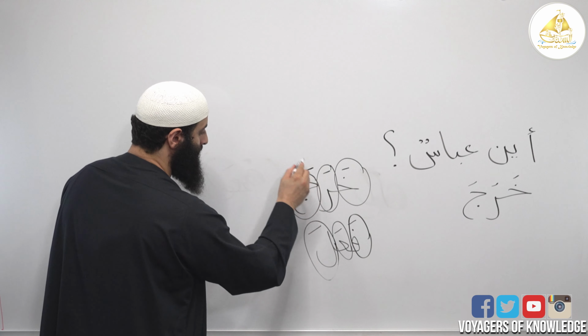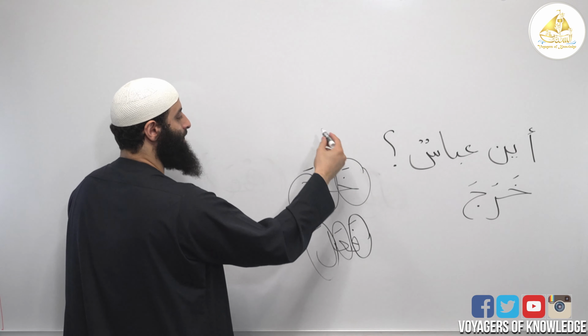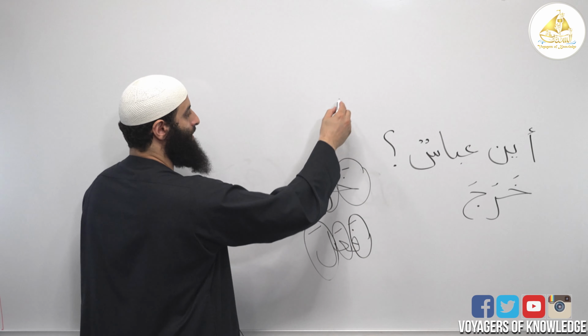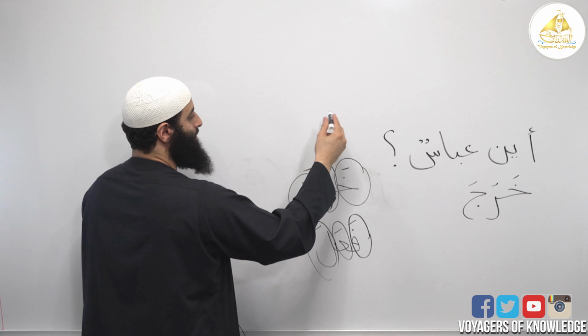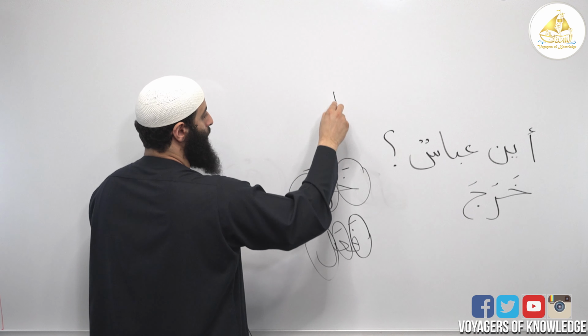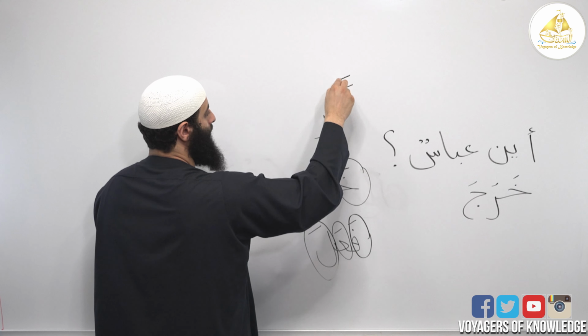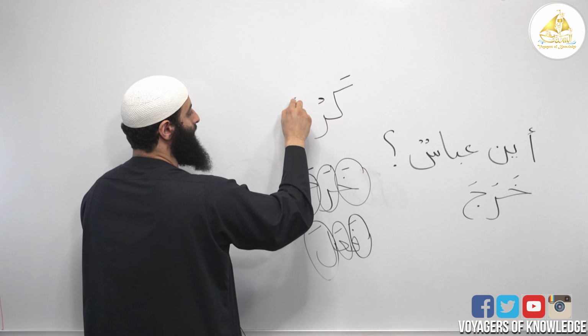Why did I tell you all this confusing information? Well, it's because not all past tense verbs are going to be fatha, fatha, fatha. All right? Some of them might be karuma. Ka-ru-ma. Fatha, dhamma, fatha.